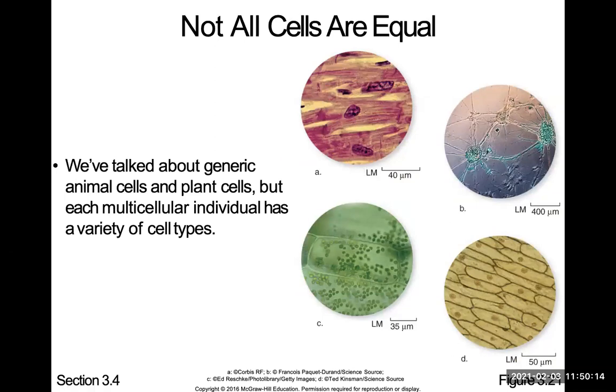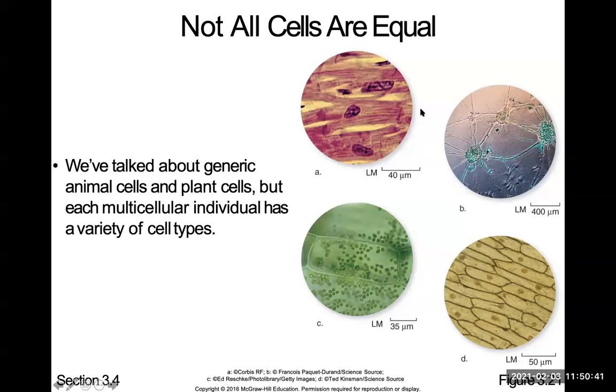So we talked about how cells have different functions. I want you to know that not all cells are equal. Each cell has a different kind of function. Here, this is the heart muscle. You can see there's a nucleus there, and there's this branching going on. It looks different than maybe your skeletal muscle. So all the cells are different.